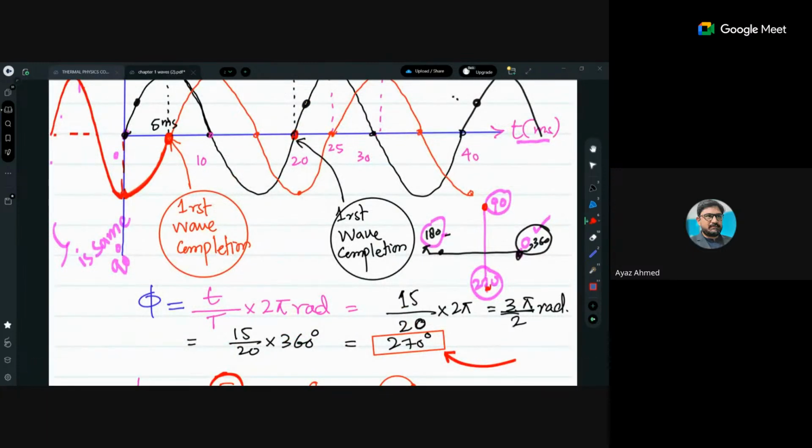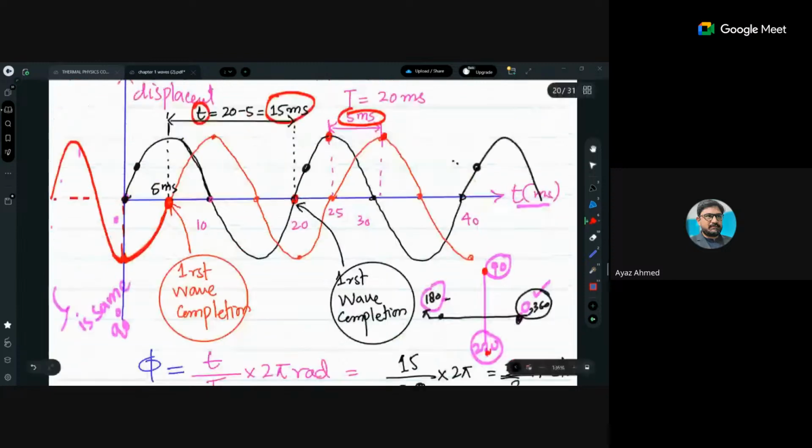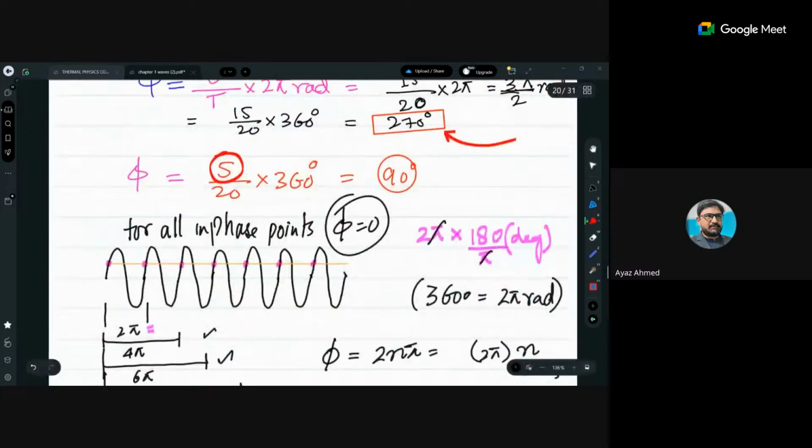Let's say this is your wave A and this is your wave B. Wave A is lagging wave B by 90 degrees. But if I say 270, it means that wave A is leading wave B by 90 degrees. That's it. Nothing different. So the phase difference is 90 degrees. If you write 270 or 90, the answer would be the same.